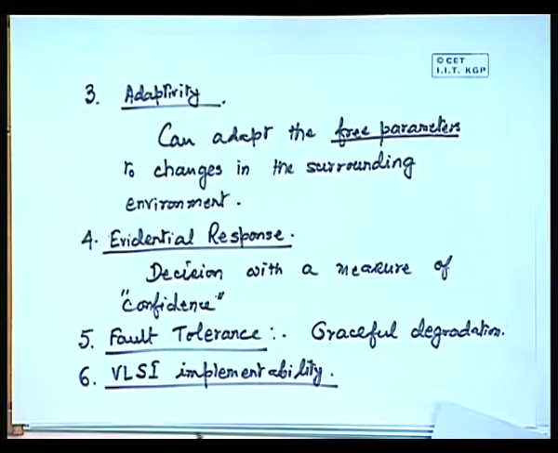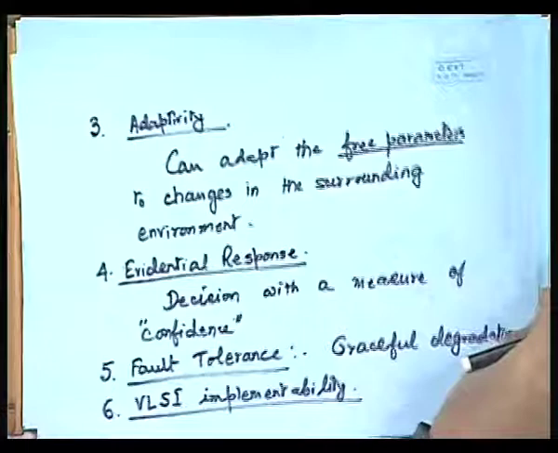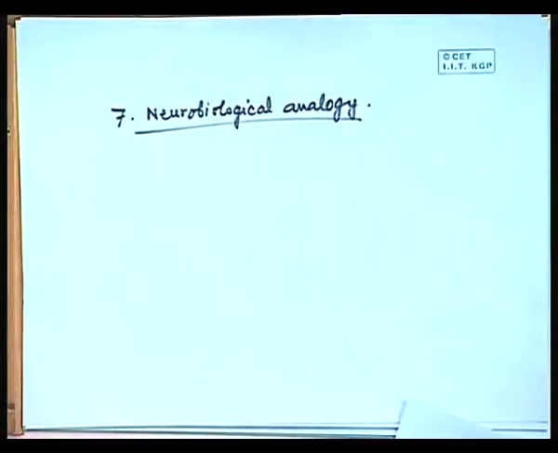Even an artificial neuron can be made adaptive if we train it that way. Then, coming to the evidential response, there also we can train an artificial neural network to do that. Then the fault tolerance, the VLSI implementation, and primarily that everything is neurobiologically motivated.